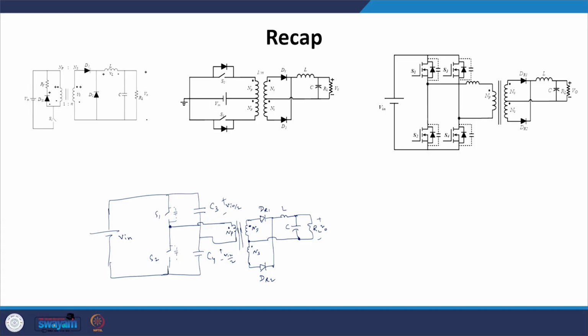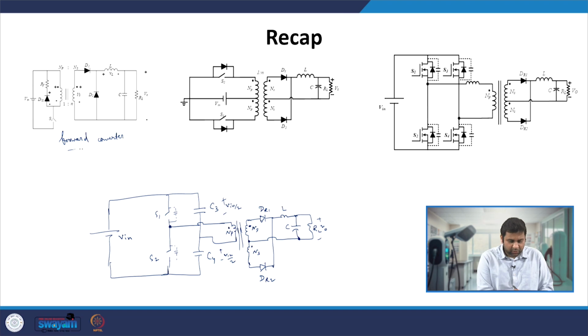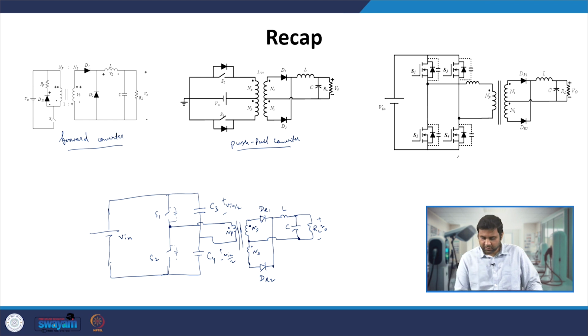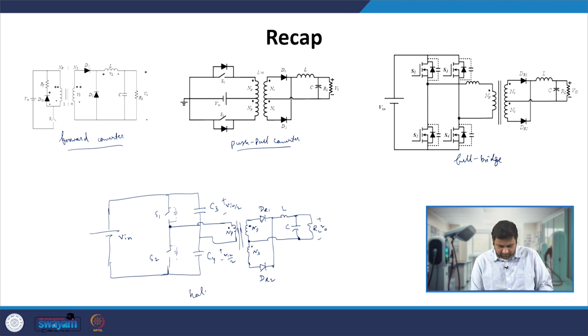We have revisited some of the converters: the forward converter in different configurations, the forward converter with demagnetizing winding, the dual switch forward converter. Then we saw the push pull converter, and in the last lecture we discussed the full bridge converter, and the half bridge converter also we have seen.